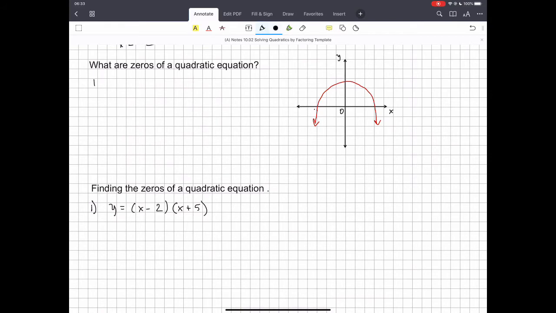Essentially, the zeros of a quadratic equation are the x-intercepts. Remember, a quadratic equation produces a graph that is a parabola.